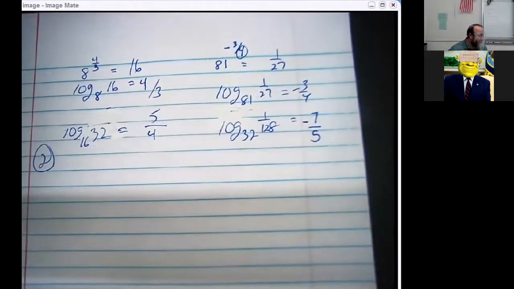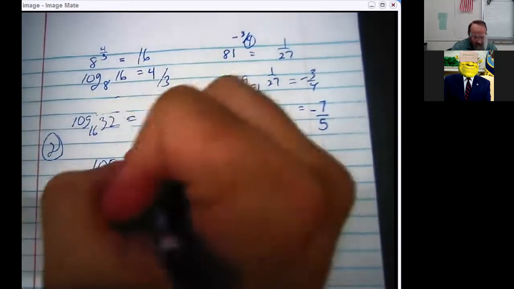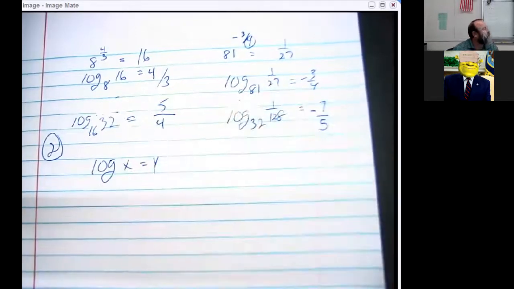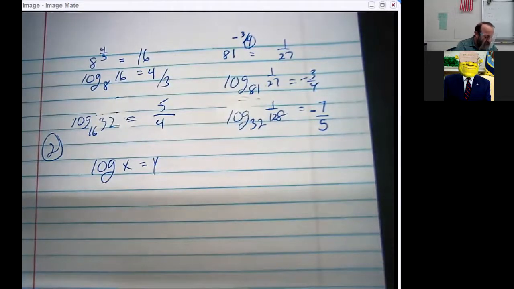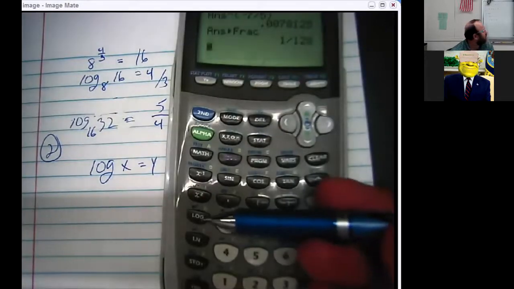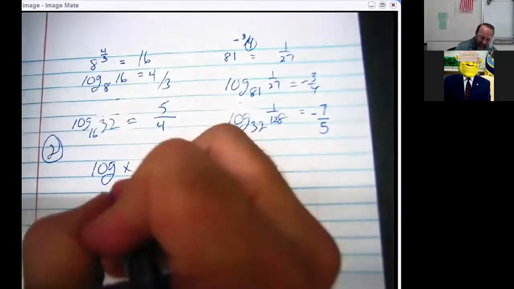Now, the one thing that I did not get into with you guys yet is if you ever see LOG, that right there is called common log. You should write this down. Make sure you have that down. This is the normal thing. My calculator right here has a button that says LOG. That means it's going to be base 10.